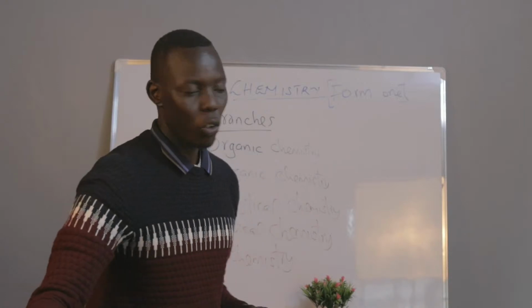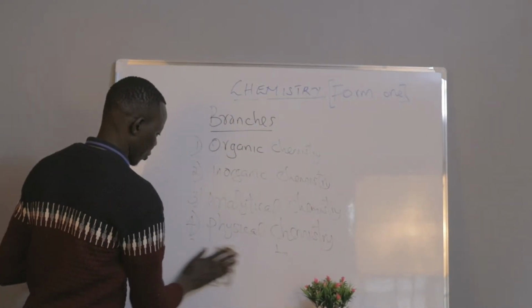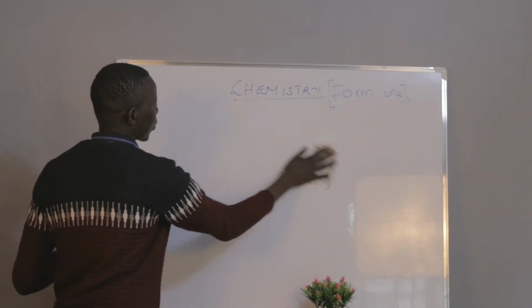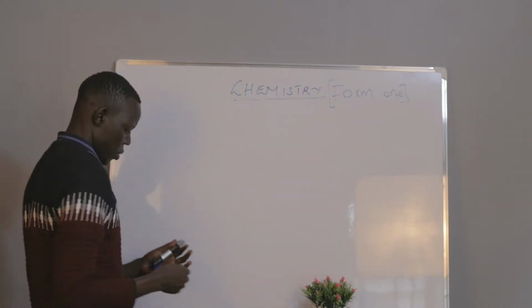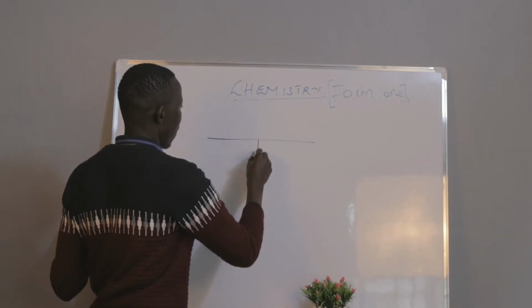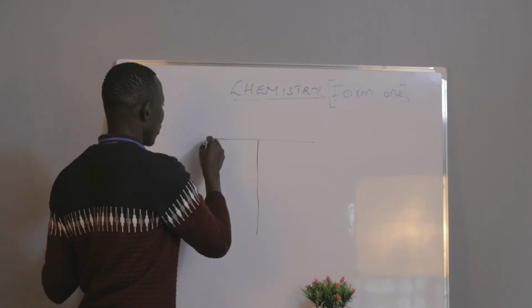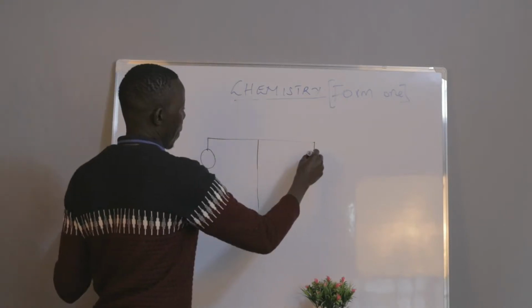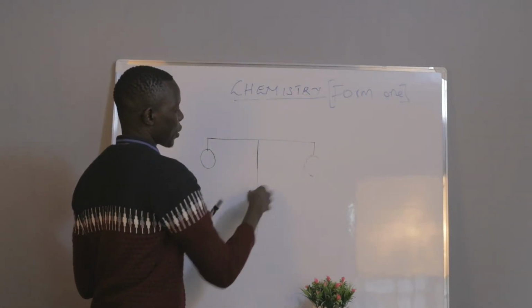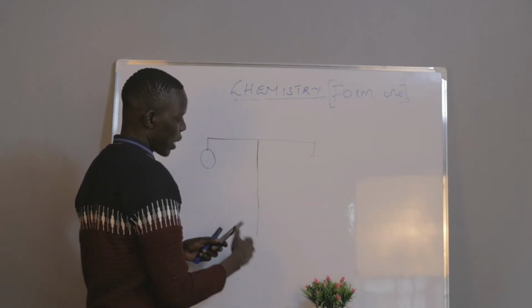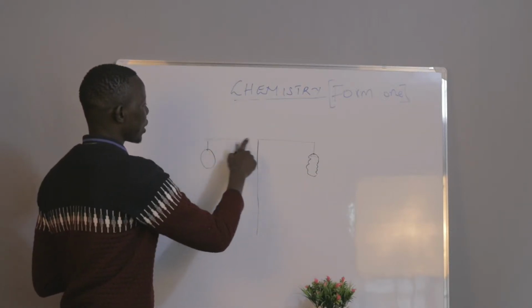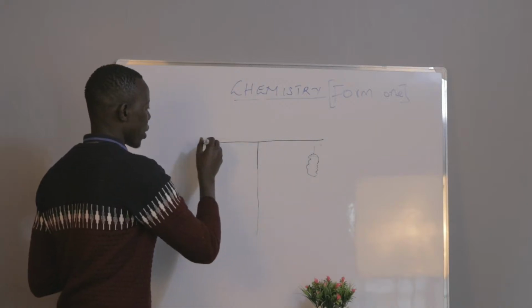Someone is asking how. Let me take you back to primary a little. If you are given a balloon, if we deflate one of the balloons, then we inflate this, it's going to behave this way.